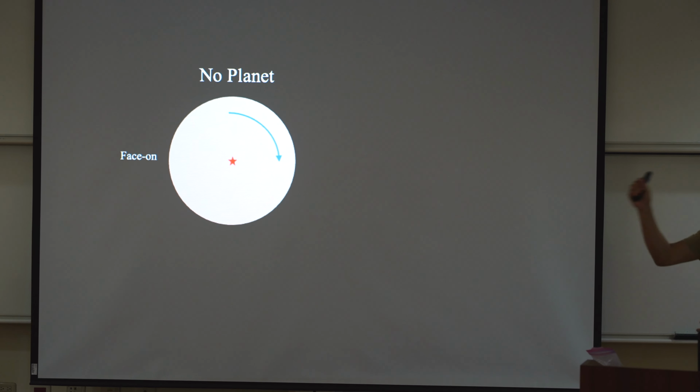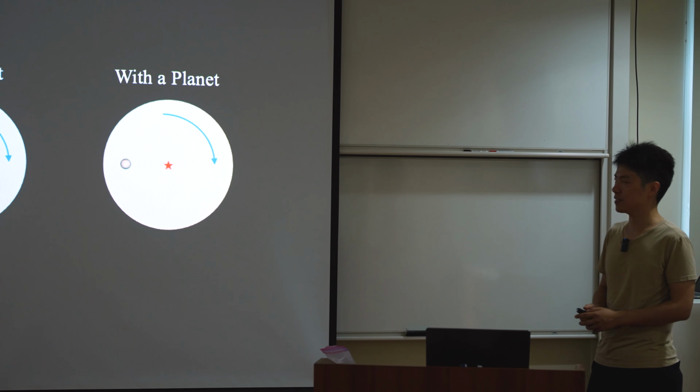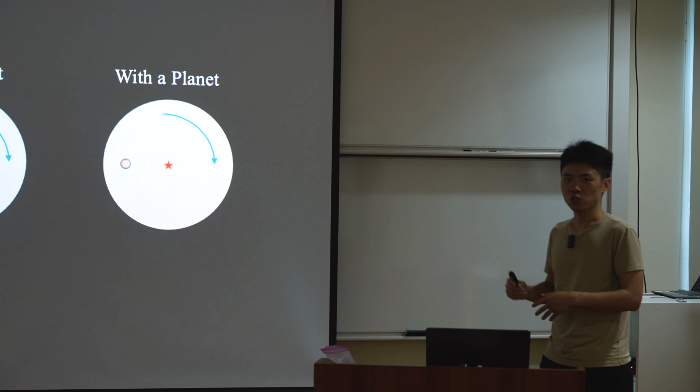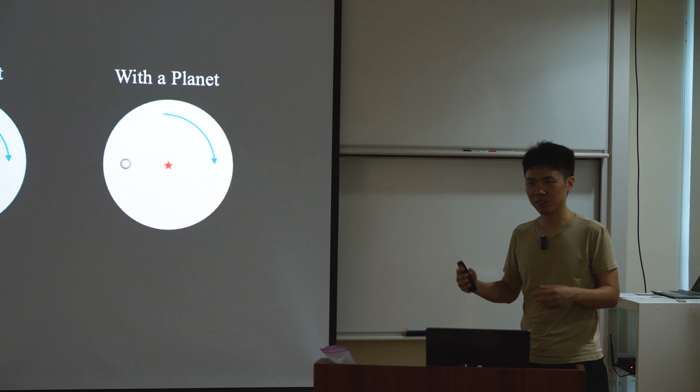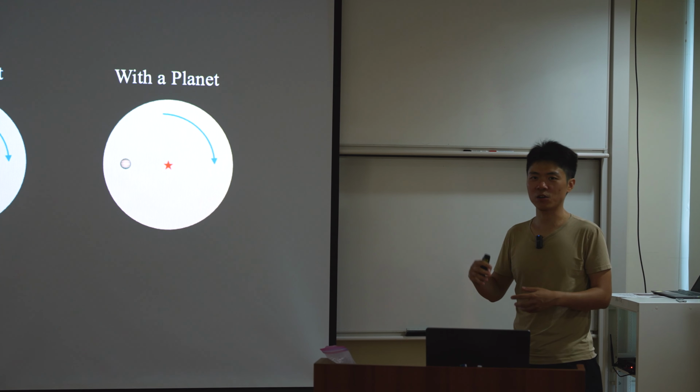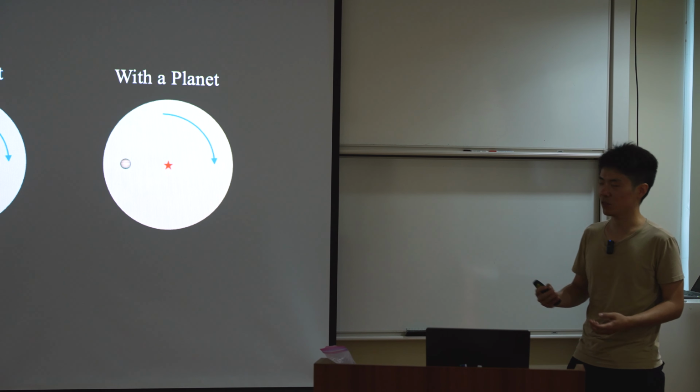Very simple, nothing else. But if there are other gravitational sources in the system, for example, a planet which acts as a gravitational perturber, the gas in the disk will be perturbed, and it will develop motions that are not Keplerian around the star.